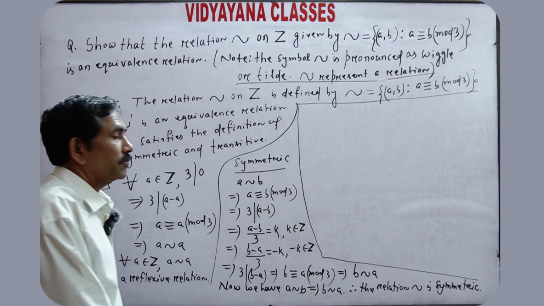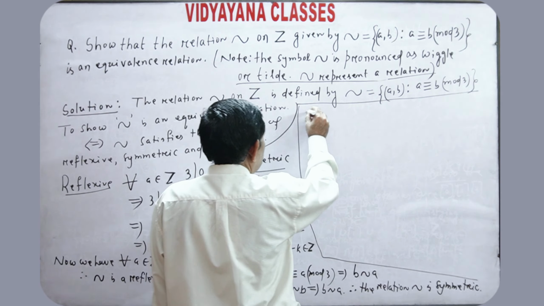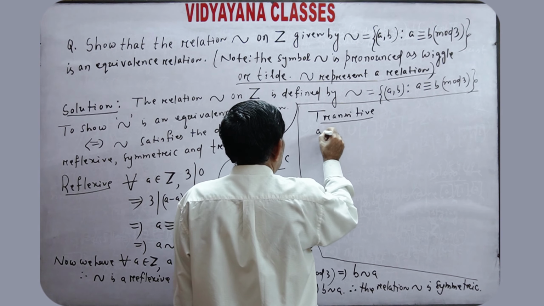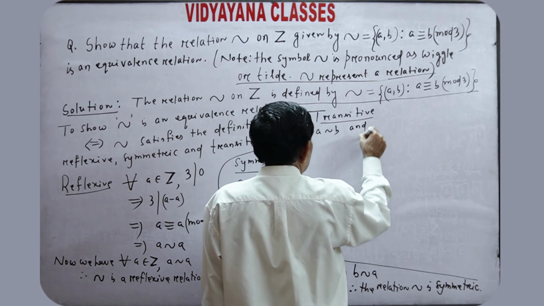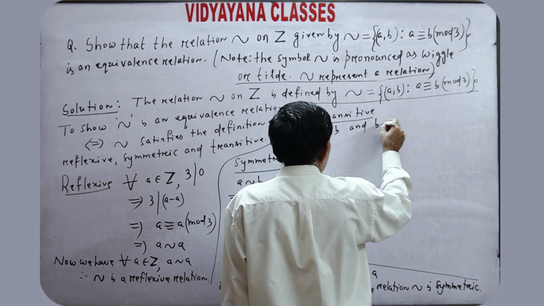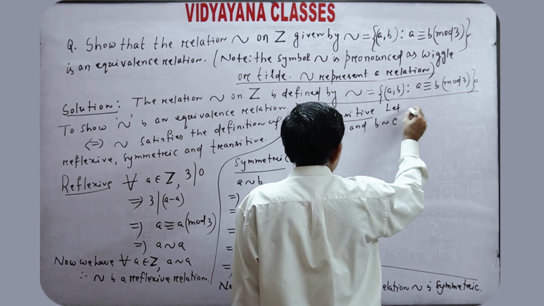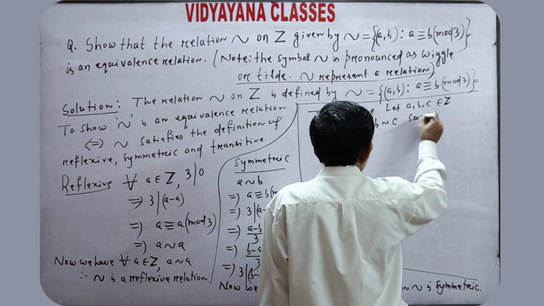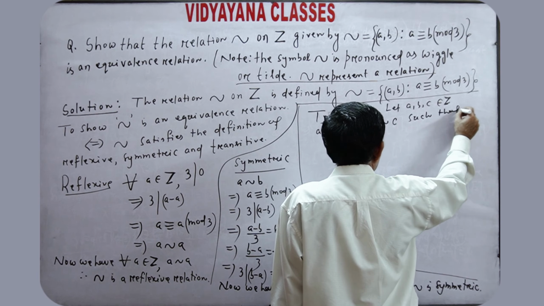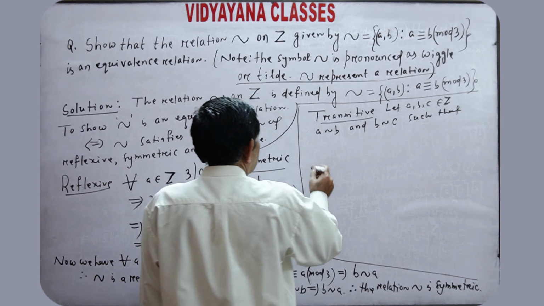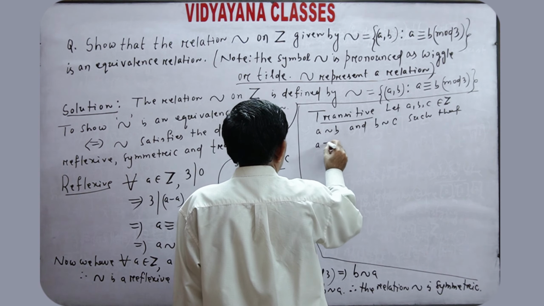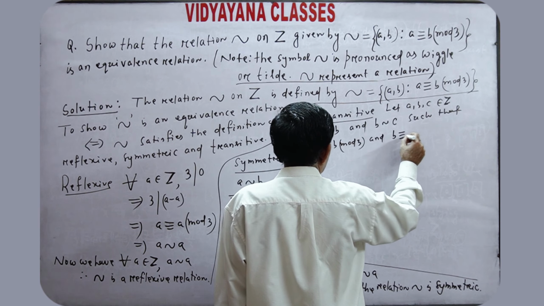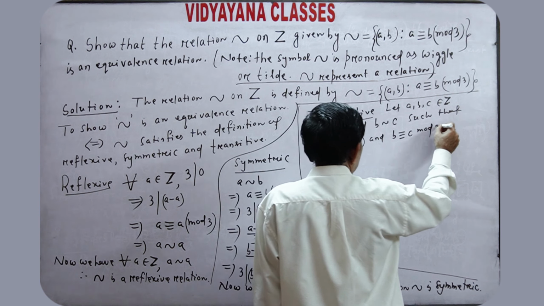Test for transitive. Let A related to B and B related to C, where A, B, C belong to the set Z, so that A is congruent to B mod 3 and B is congruent to C mod 3.